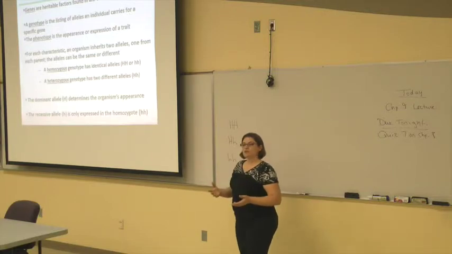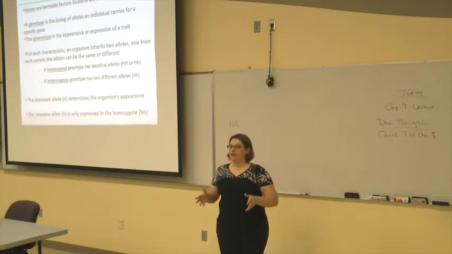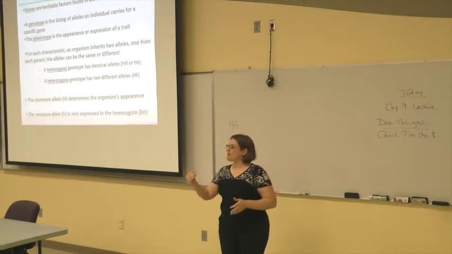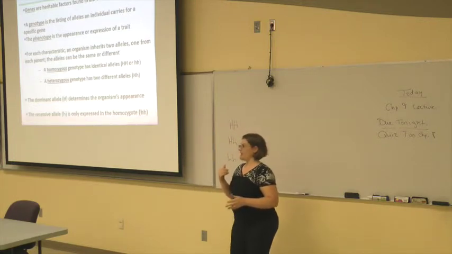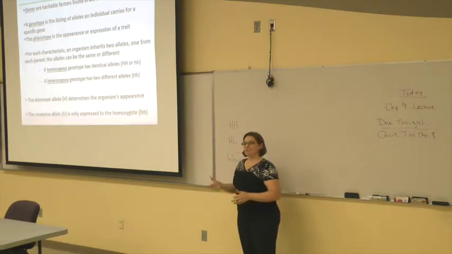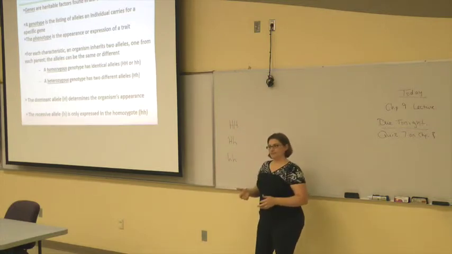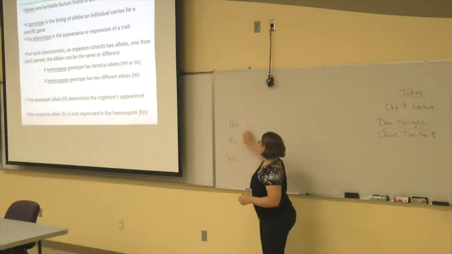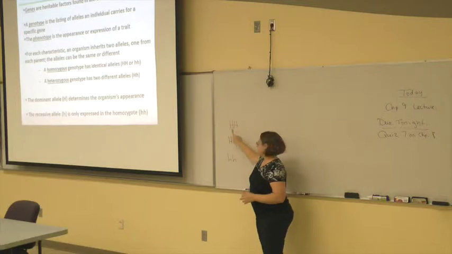However, in genetics, we generally use capital letters to refer to dominant traits, and we use lowercase letters to refer to recessive traits. So this is the homozygous dominant genotype. This is homozygous recessive.